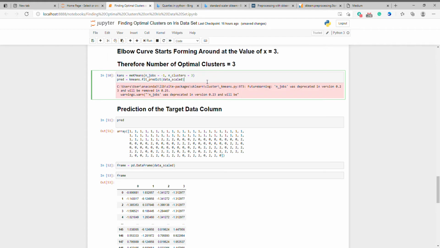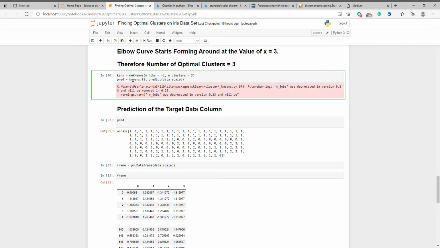Because my laptop has a hexacore CPU. So for this computation, I will utilize all 6 cores of my CPU. Therefore, I have mentioned n underscore jobs equal to -1. And here, for the number of clusters, according to my optimal value, I put 3.